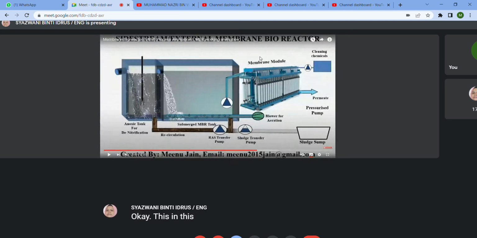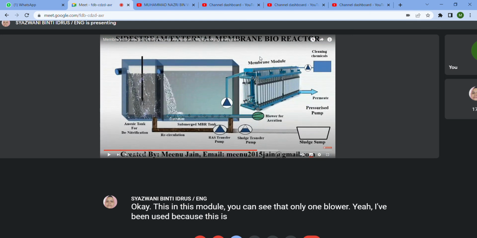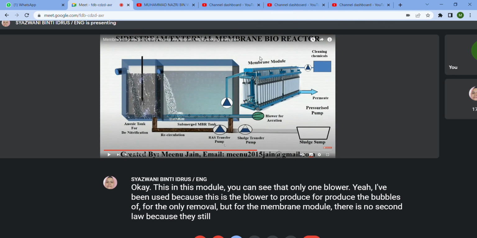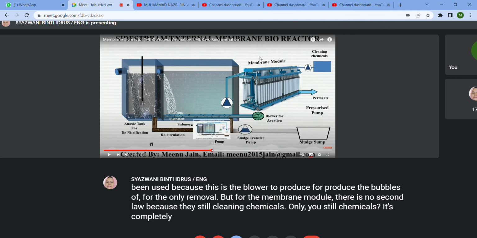In this module, you can see that only one blower is being used because this is the blower to produce the bubbles for the odor removal. But for the membrane module, there is no second blower because they use the cleaning chemicals only, as compared to the submerged system.